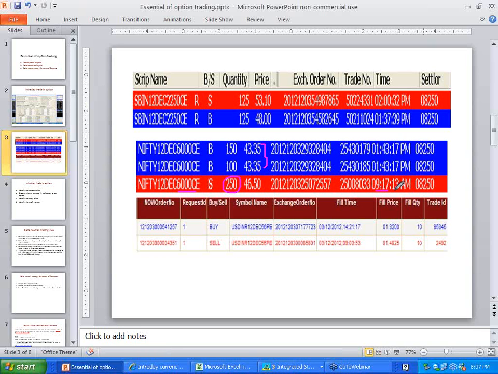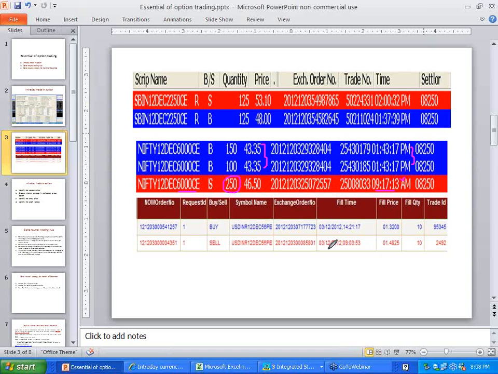You will see my trade time of 9:17 early in the morning, just 2 minutes after the market opens. I sold it, and around 1:43 I closed this trade. Almost 2 rupees, around 3 rupees and something per lot, I will be making.